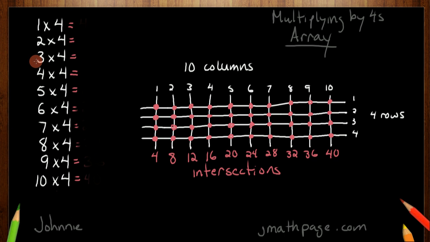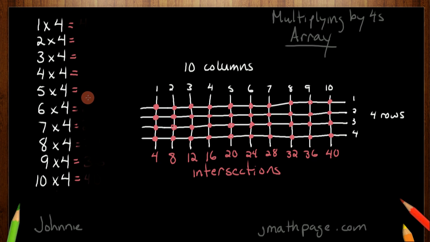I'm going to start with 3 times 4 equals, 8 times 4 equals, 2 times 4 equals, 9 times 4 equals, 1 times 4 equals, 10 times 4 equals, 7 times 4 equals, 4 times 4 equals, 6 times 4 equals, and one more, 5 times 4 equals.